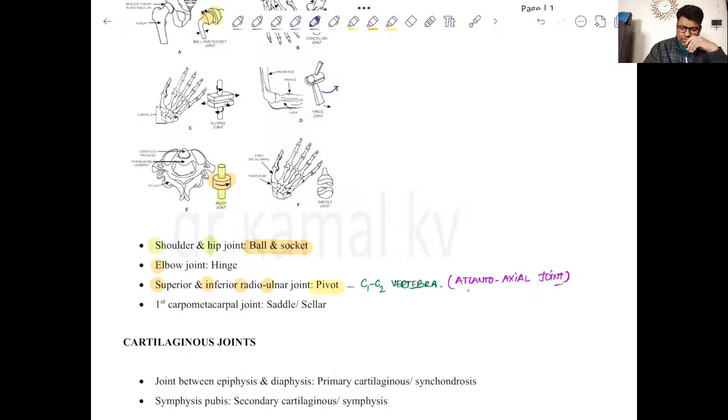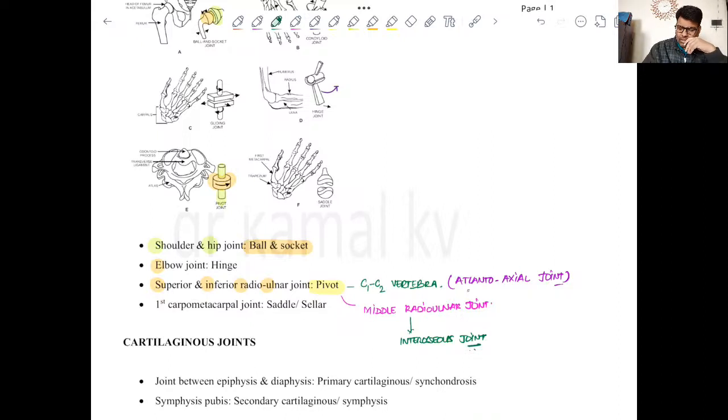Now please note that there is one middle radio-ulnar joint, which is actually interosseous membrane, right? So this is not a true joint, it is actually syndesmosis. Clear?